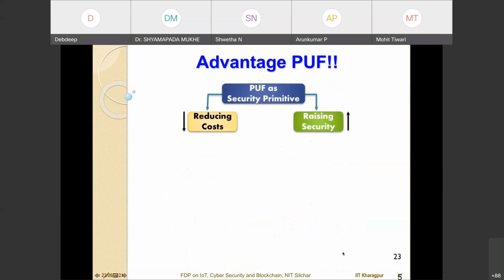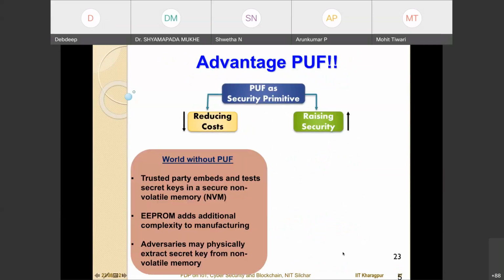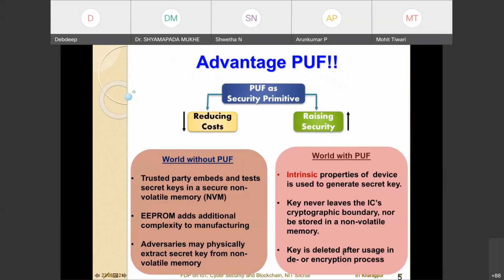So therefore, the advantages of PUFs are it will reduce cost and it will raise security. If you compare a world without PUF and a world with PUF, you can see that there are many advantages that a PUF can bring in. For example, there is no key being stored in some kind of non-volatile memory, which you will probably do in a world without PUF, and that is often subjected to side-channel attacks and several other possible attack avenues.